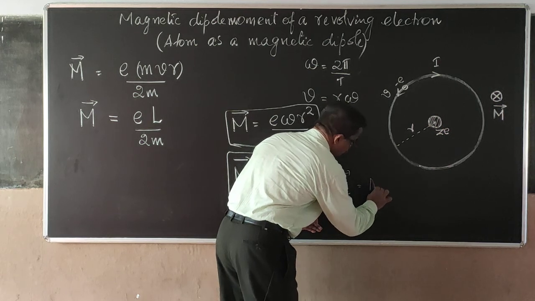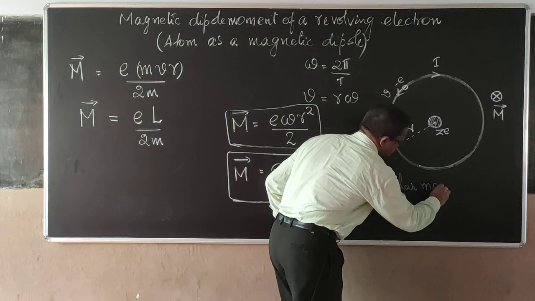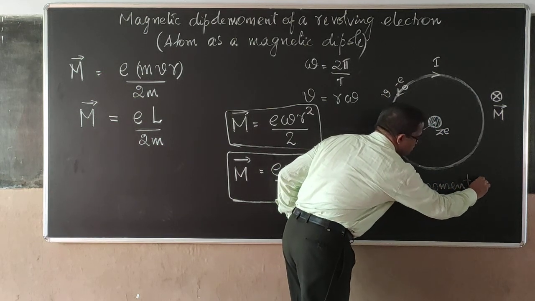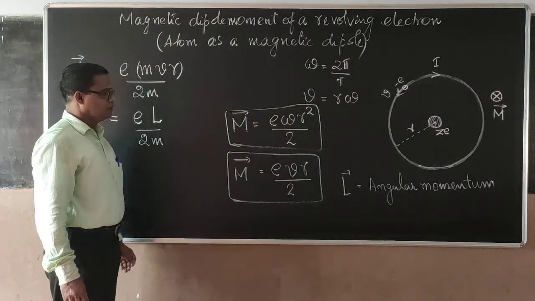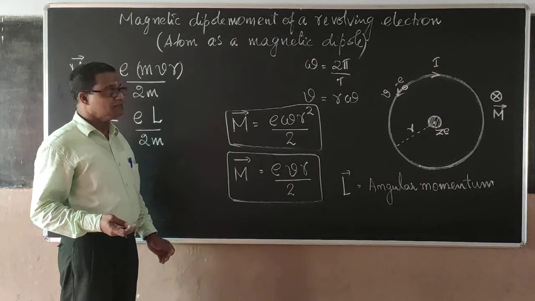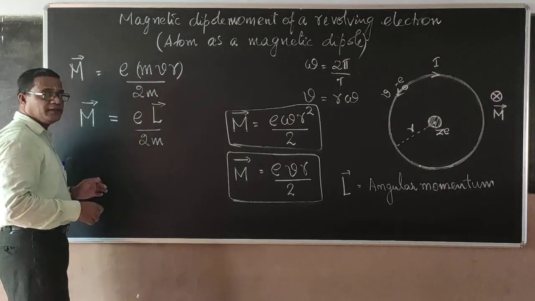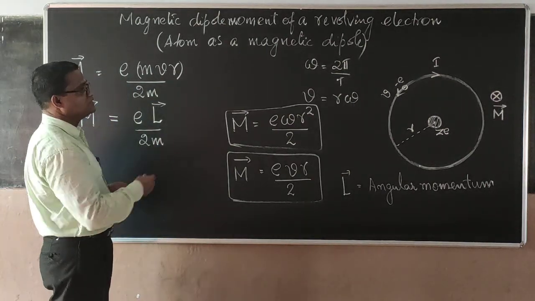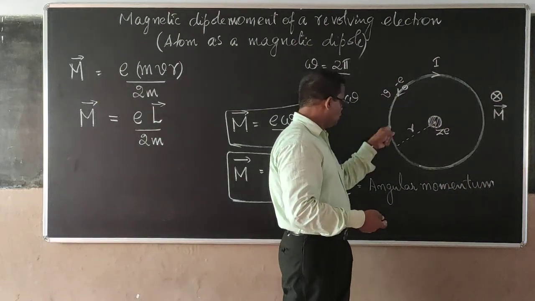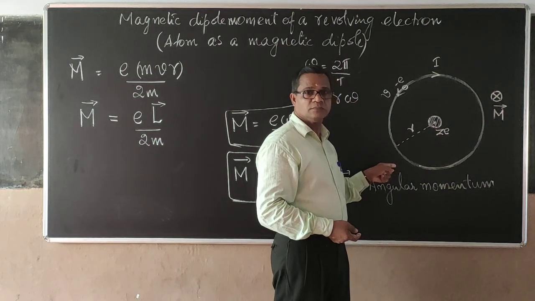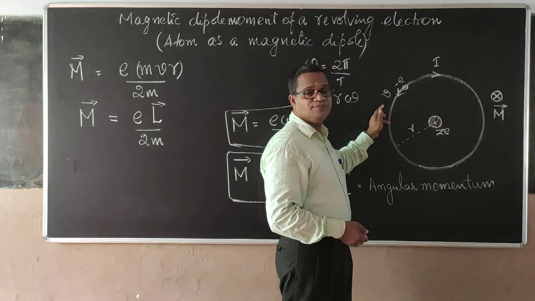L is equal to angular momentum of the revolving electron. You studied this angular momentum and all last year. So, angular momentum is also a vector quantity, and therefore you can find from this that as the electron is revolving in the anti-clockwise direction, its angular momentum depends on this omega.